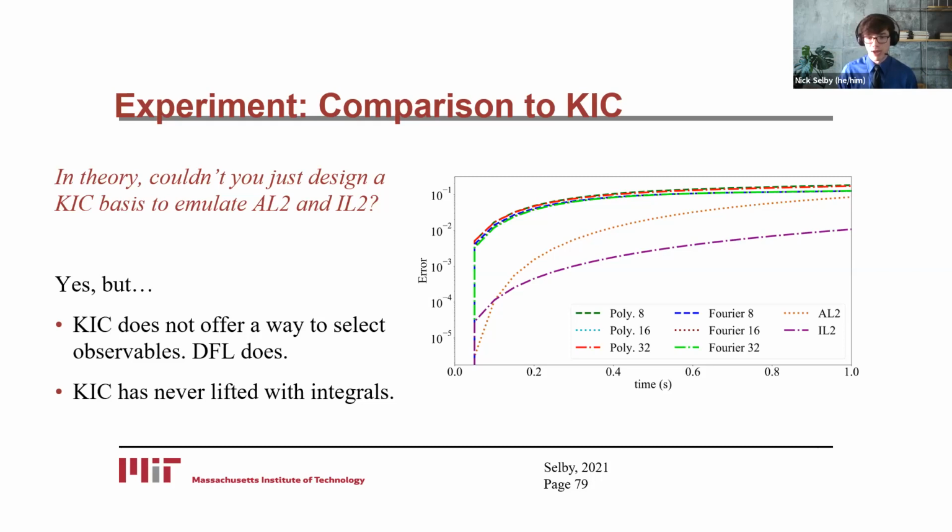In this experiment, switching from a polynomial basis to a Fourier one did improve results slightly, but even quadrupling the size of these models couldn't achieve the performance of AL2 and IL2, which, as you remember, use bases of dimension 6 and 5 respectively. So basis selection using AL2 and IL2 substantially improves the model without drastically increasing the order of the model.